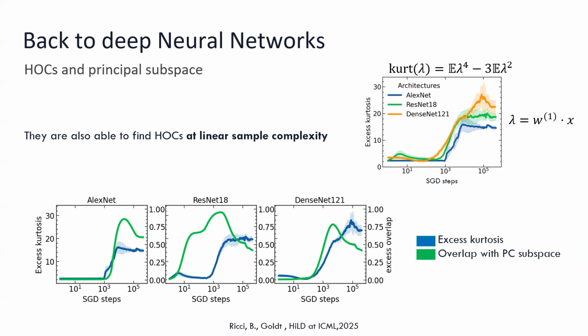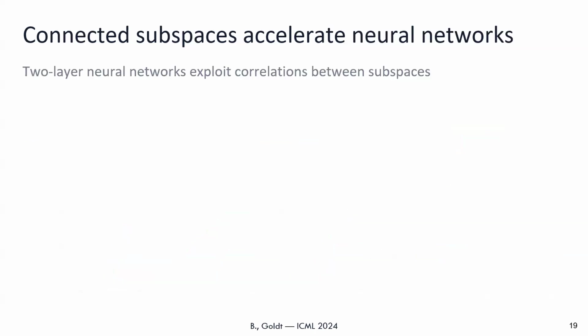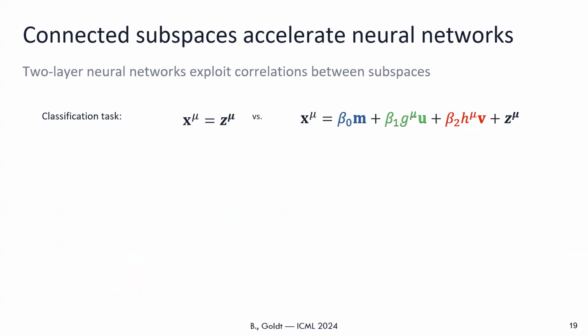And we see that the green line goes up either at the same time or before the blue line, which can give the indication that you exploit the low order information that you get from PCA to learn the higher order information. So we should find a way to test this and to understand if there is a theoretical model to do it. And okay, this will be the last. Oh, okay, but it's early. Still, this is the last model I will show.